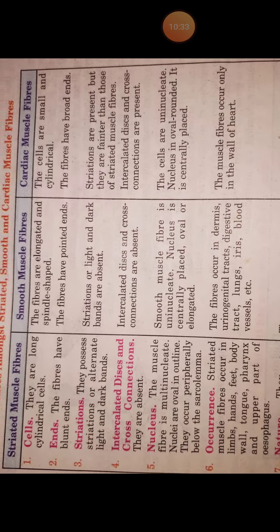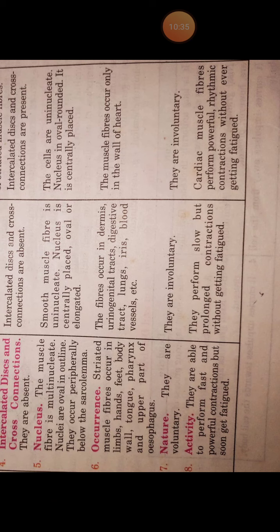Then occurrence: striated muscles are found in our hands, legs, etc.; in our internal visceral organs, smooth muscles; and in the wall of the heart, cardiac muscles. The nature: striated muscles are voluntary in nature, but smooth and cardiac muscles are involuntary in nature.